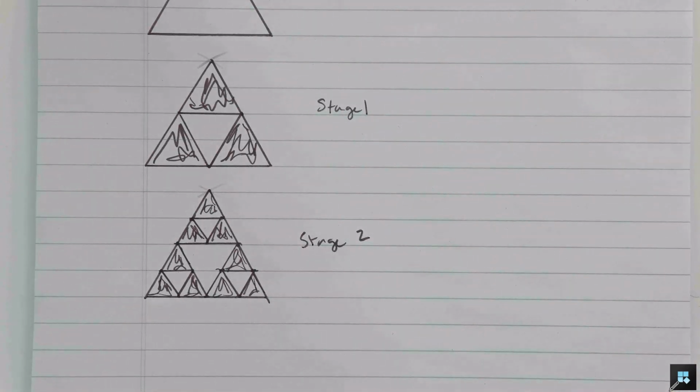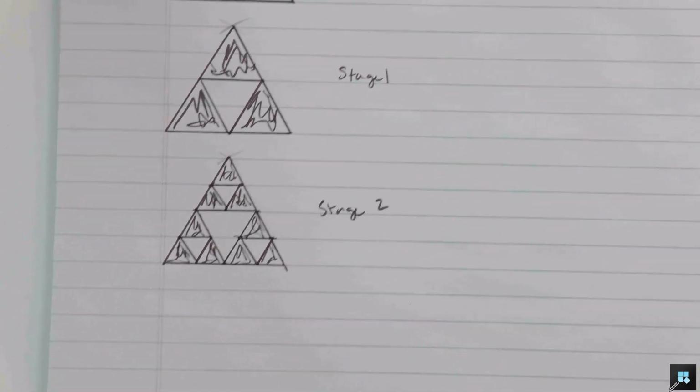We could keep doing this for a very long time. Let's just do one more, okay? But maybe we'll be a little less precise when we draw the final stage, and maybe just eyeball that last stage.